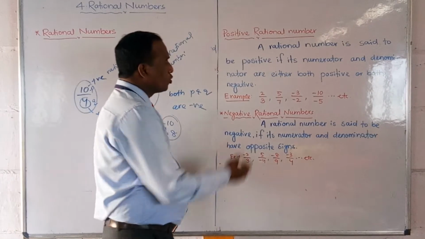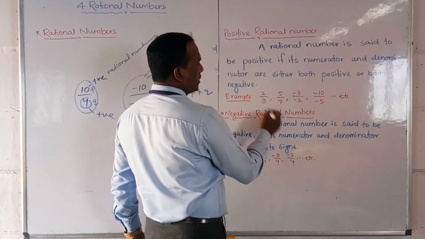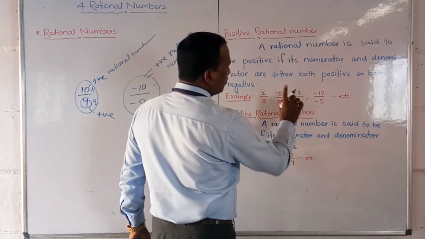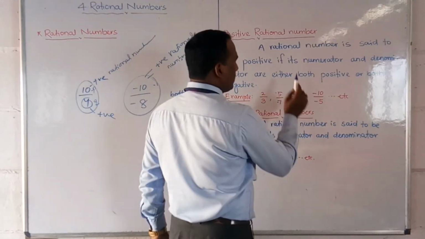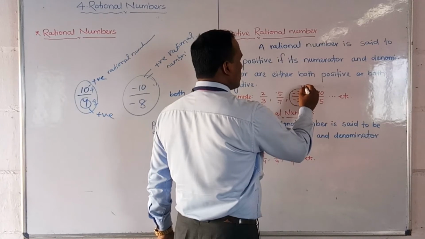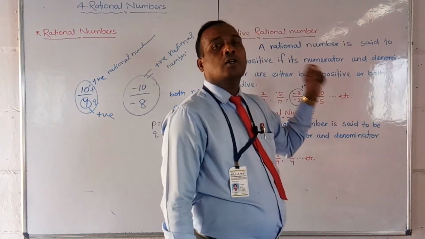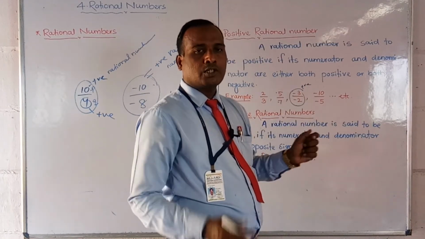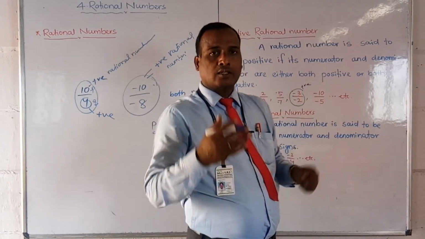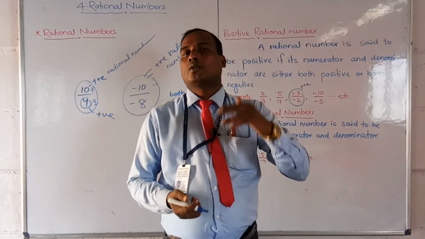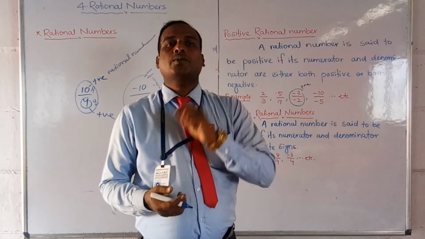For example, 2 by 3, this is positive, this is positive. 5 by 7, both positive. Minus 3 by minus 2, you should observe that both are negative, hence this is also a positive rational number. Minus 10 by minus 5 is also a positive rational number, because both are negative. Either both are positive or both are negative, that is called a positive rational number.